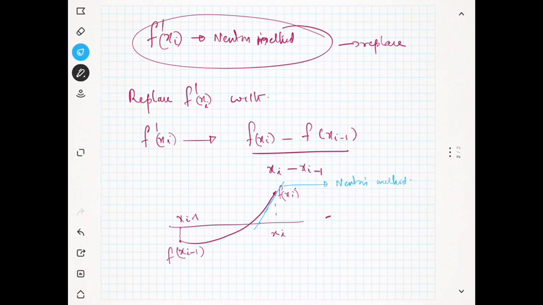But here, f dash means the slope, right? What do you mean by slope? Slope is delta y over delta x.